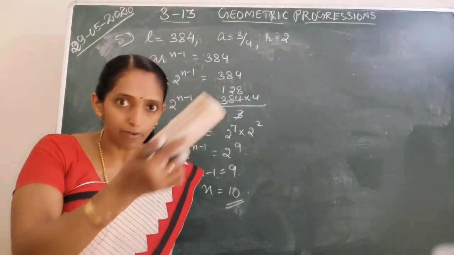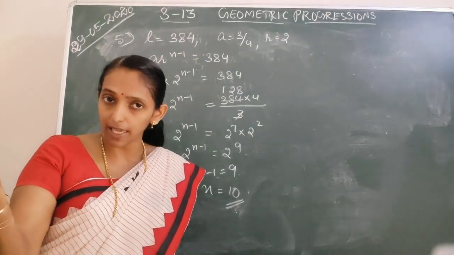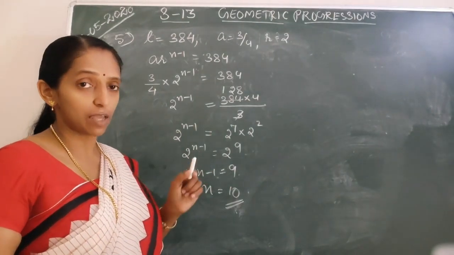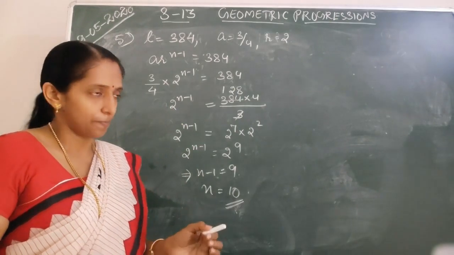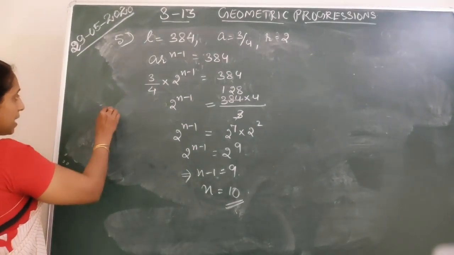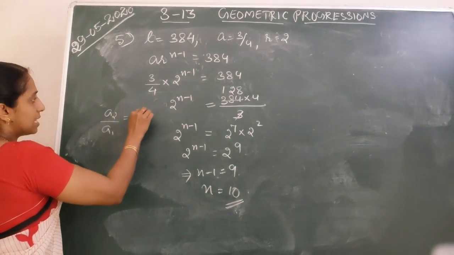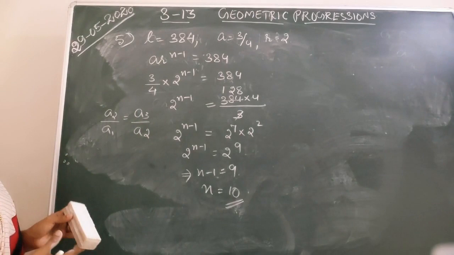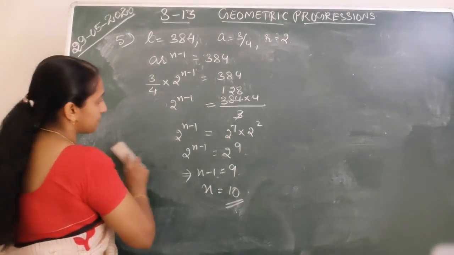In AP, we were dealing with A2 minus A1 equal to A3 minus A2. Here, for such consecutive terms, A2 by A1 will be equal to A3 by A2. By using this formula, find the value of x. Okay. So remaining questions.